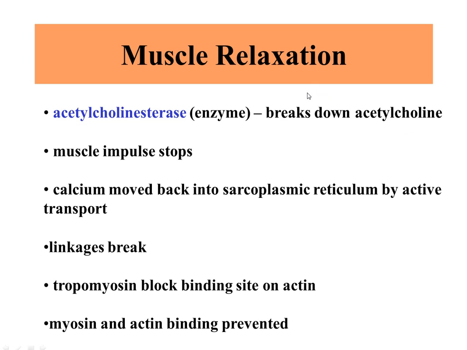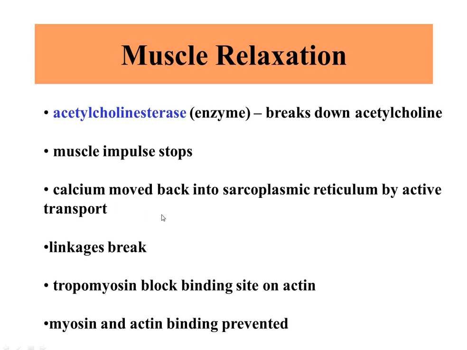It's taken up into the synaptic knob and comes together again as acetylcholine in the synaptic vesicle, waiting to be released again. And so the whole process can start all over again. So acetylcholine esterase breaks down the acetylcholine, so this stops the muscle contraction.